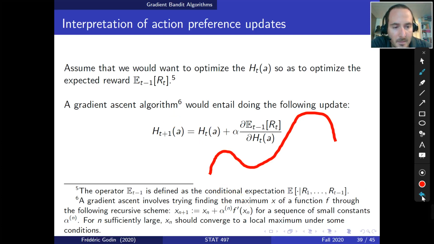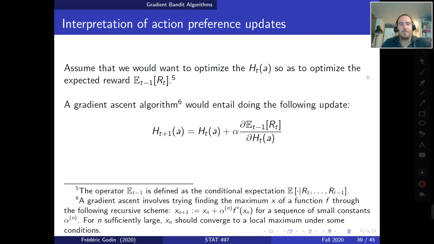Okay. So, in our case, if we want to select action preferences to maximize the expected reward at the next step, the action preferences play the role of x in this scheme.